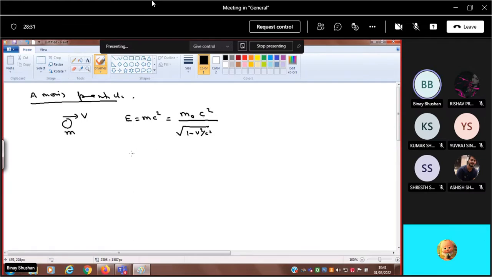And the momentum of this particle, now just pay attention, will be mv, where m is the moving mass, and this will be equal to m naught v by root of 1 minus v square by c square.